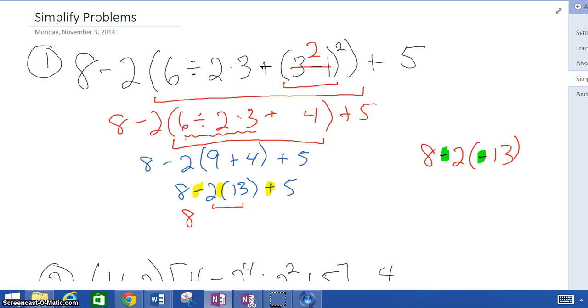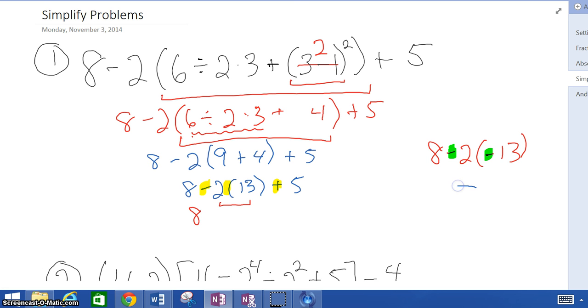It's your choice whether you want to think of this as a 2 multiplied by a negative 13, or a negative 2 multiplied by a negative 13. If you multiply a negative 2, I would suggest putting a little plus sign in between so you don't accidentally make that into 8 times something.